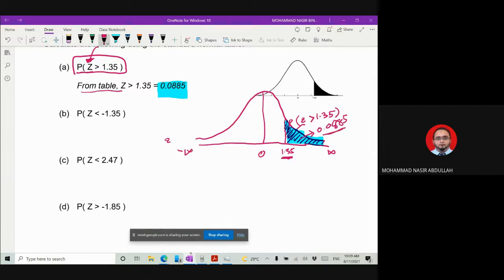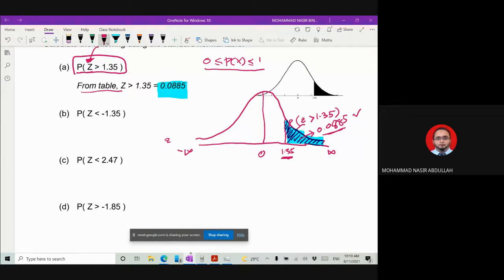And you need to make sure that the value of probability should lie between 0 and 1. It cannot be less than 0, it cannot exceed 1. So since the value of 0.0885 lies between 0 and 1, this is the correct value, right?